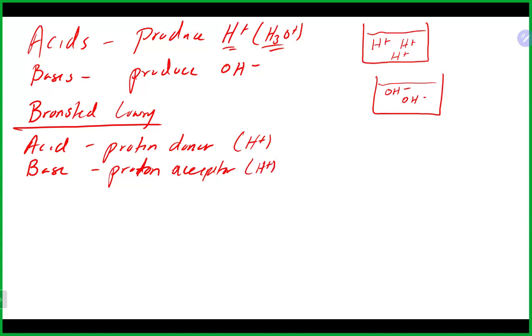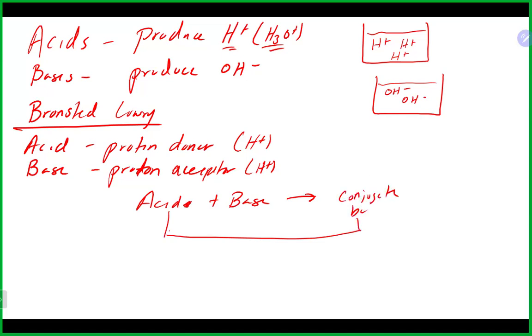The reality of the Bronsted-Lowry definition, as we talked about, is that we will have acids and bases on the left-hand side of the arrow as reactants, and they will make partners on the other side. The acid makes the conjugate base, and the base will have a partner on the other side, which is the conjugate acid.